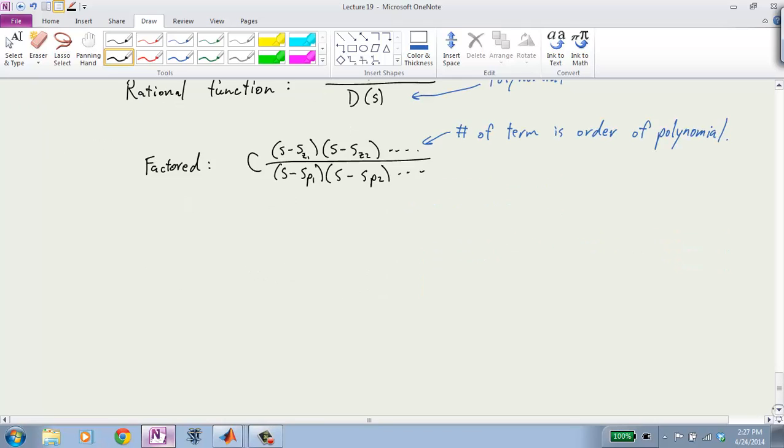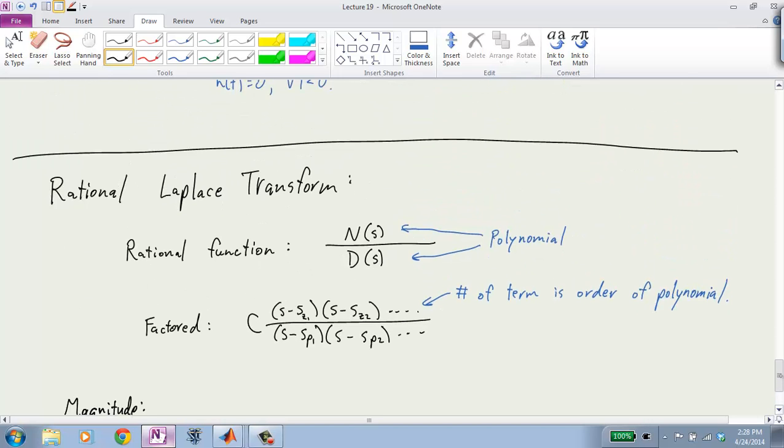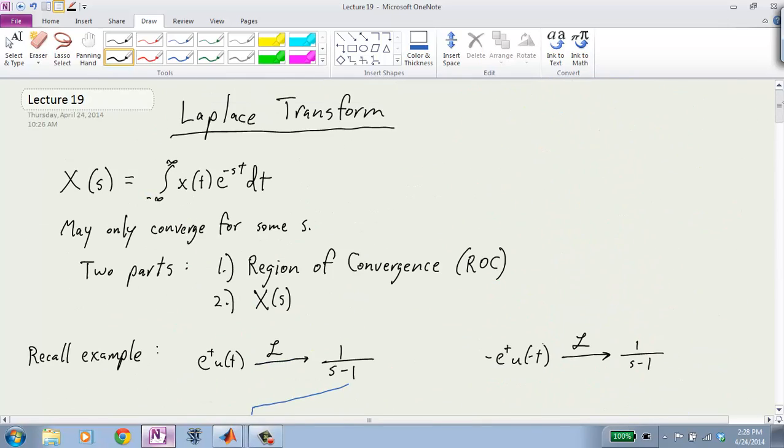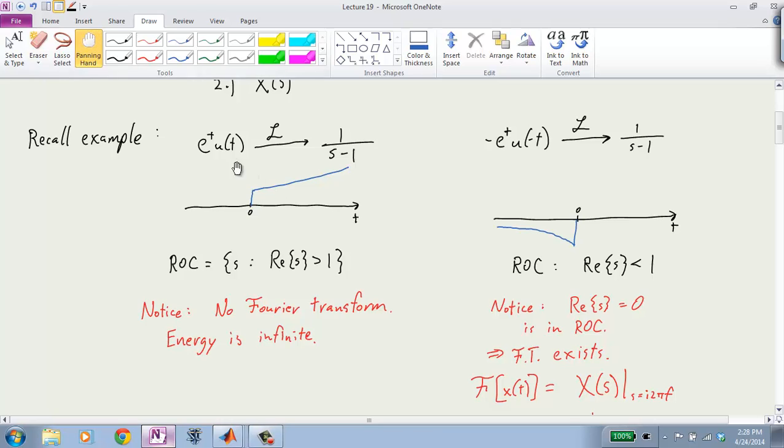What's interesting then is to look at the magnitude and phase of these rational functions. By the way, the first example we looked at, let's go back up and see, is it rational? Is this a rational Laplace transform?